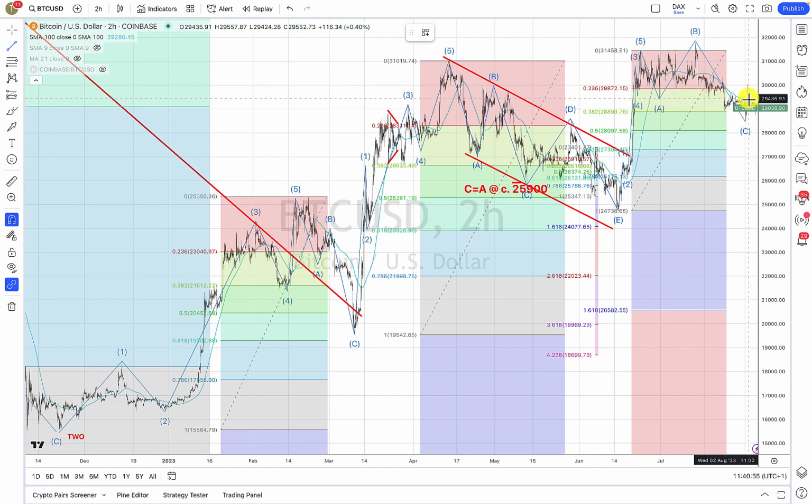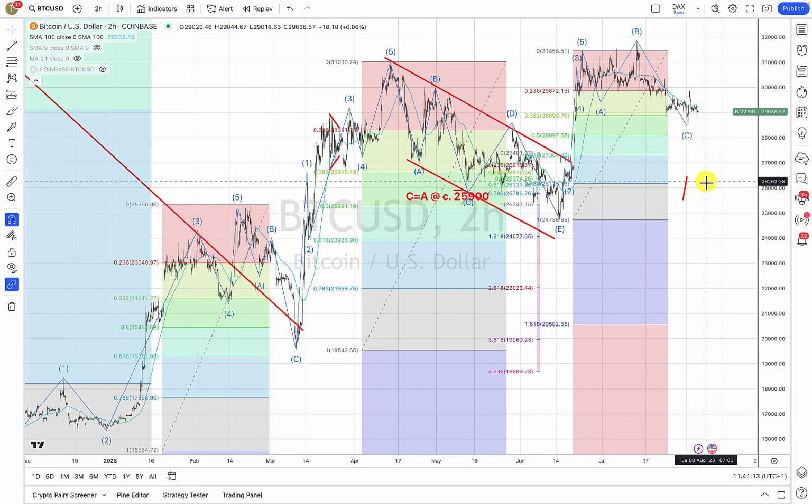So right now, this is the third of a third coming in, and that should be a very sharp move, which will take us possibly to new highs, possibly new all-time highs for Bitcoin. So I'm looking for a pretty solid rally, which will certainly draw a lot of attention into this particular market, I think.